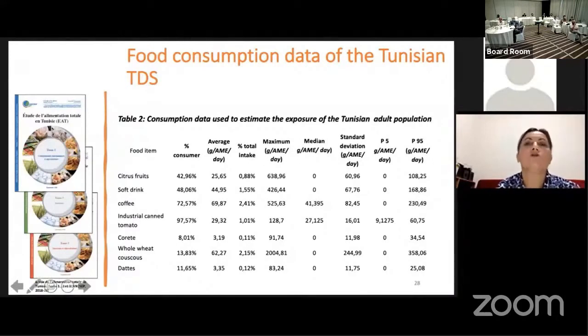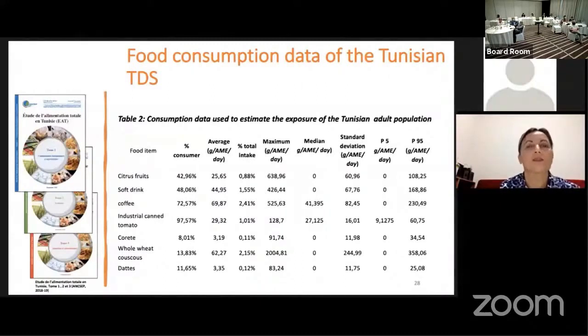The only disadvantage of this kind of data is that when you estimate the exposure, you can only draw conclusions for the adult population. In this case, the results were only for the adult Tunisian population, and all our conclusions in this total diet study were for the adult Tunisian population.